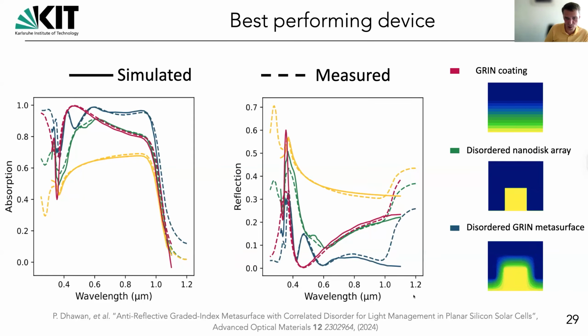And only if we combine these two things together, we see that we have samples available that have a strongly suppressed reflection over a very large spectral domain. This translates then also in a very good absorption enhancement in the entire spectral domain that is practically relevant for these structures.